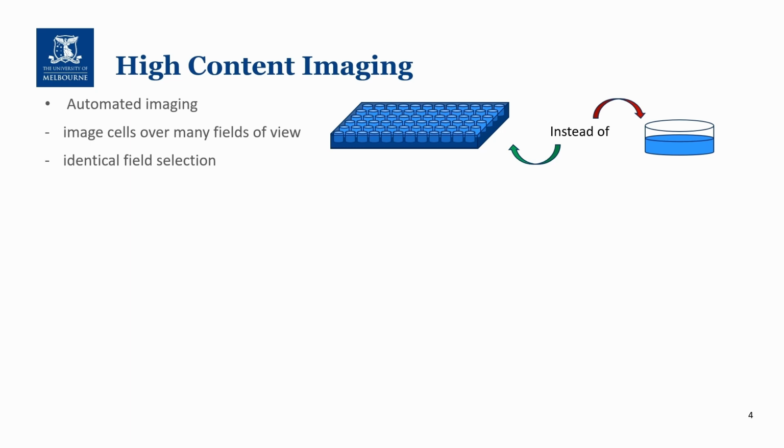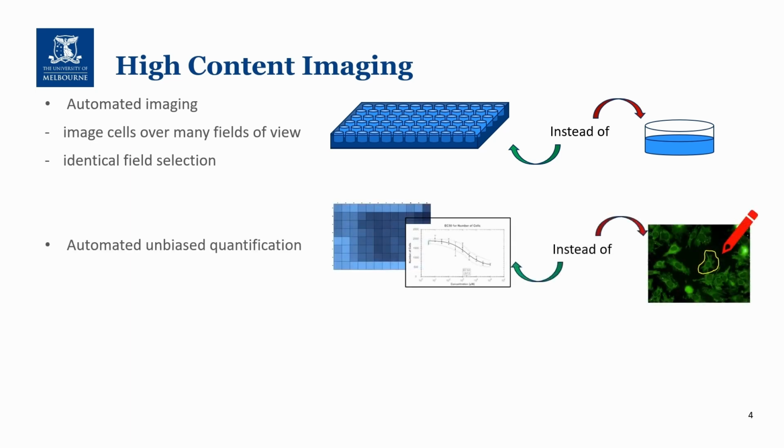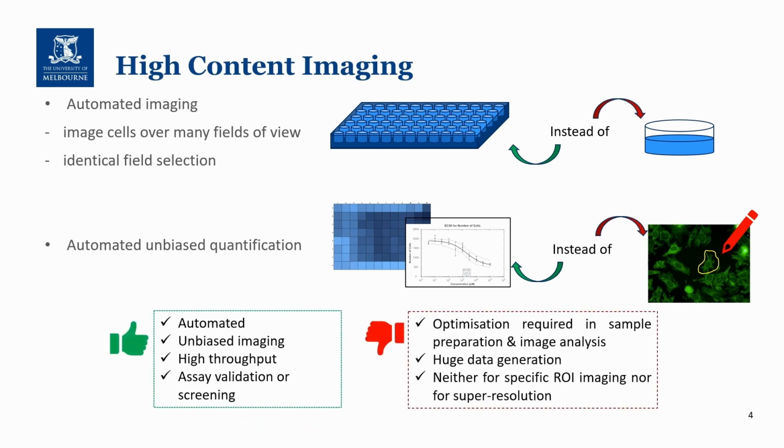With all of these images, it wouldn't be possible to manually quantify each cell or field of view, so high content screening will always have a well-integrated system for automated quantification of the data. The advantage of this approach is that it's automated. It provides unbiased imaging, it allows you to perform high throughput analysis, and it allows for assay validation or screening.